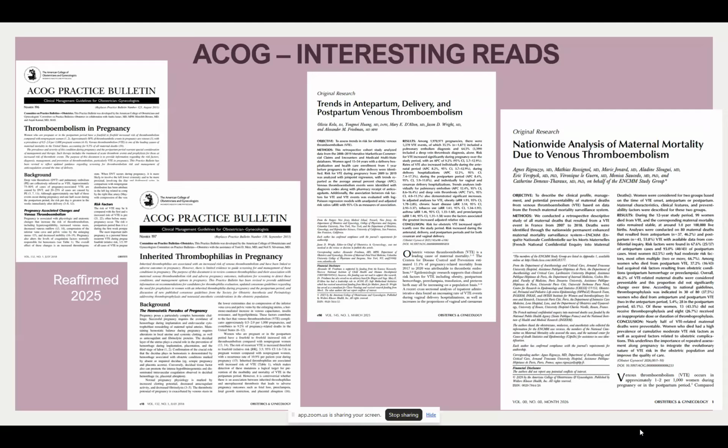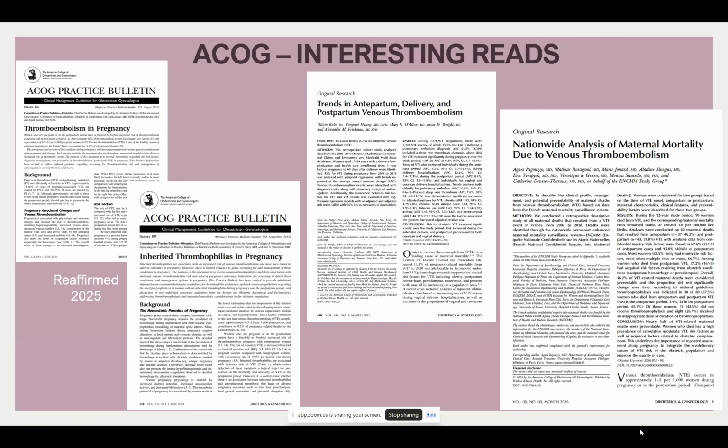I thought it was interesting that this study out of a different country came up with a very similar analysis of maternal mortality due to VTE, and how important it was to make sure that risk assessment and appropriate management and anticoagulation are in place to address the maternal deaths that are happening because of VTE.